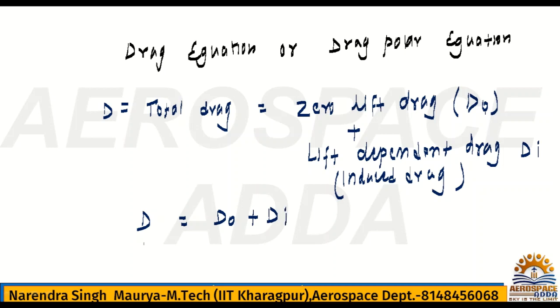In coefficient form you can write CD equals CD naught plus CDi. You know the standard drag formula, half rho V square S into CD. For all the drags, you can write in terms of drag coefficient.